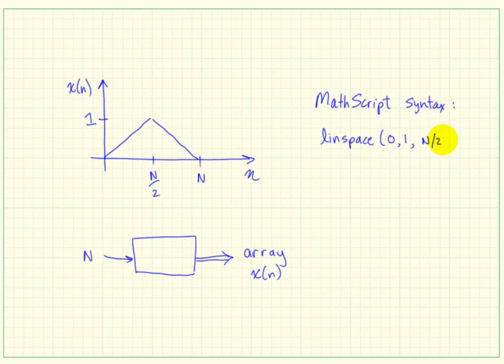That's my first two arguments, and I need n over 2 samples total. Then I can make a second call to linspace, so my values run from 1 back down to 0, and also I have n over 2 samples. I enclose these in square brackets to make a vector, and I assign that to the value x, which is my output.